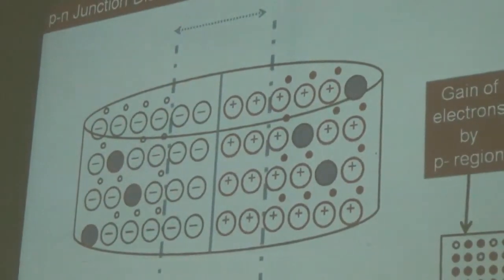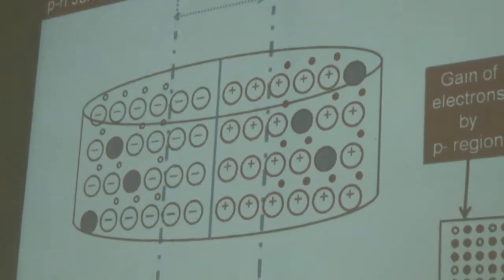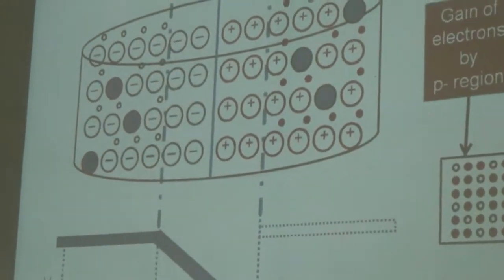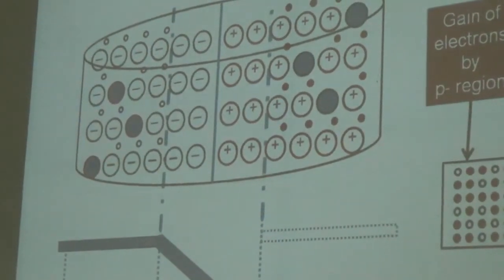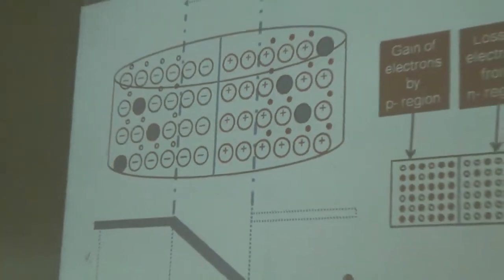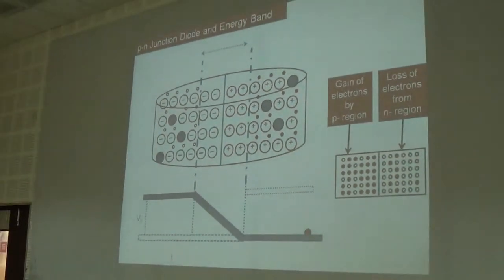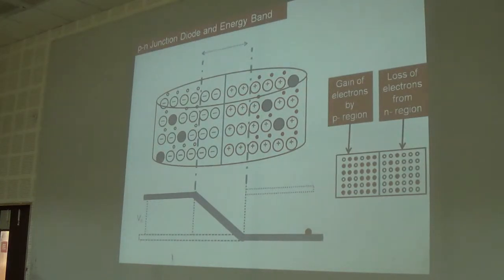So here the same concept we are using for the energy band. Here we say that the electron cannot cross the junction, but with the help of this simple PowerPoint presentation we can show it, that is, why this electron cannot cross the junction.